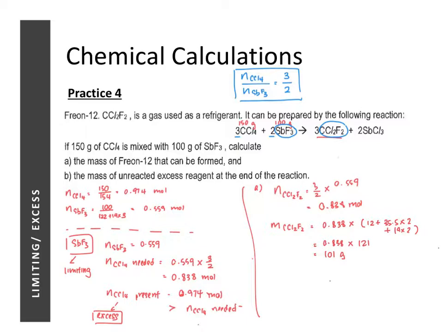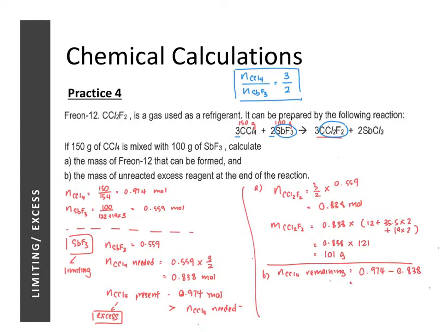Now we move on to part B. In part B, you are supposed to find the mass of the unreacted excess reagent. The excess reagent that we are looking at is carbon tetrachloride. So we need to find the number of moles of CCl4 that was in excess, that was remaining. For that we take the number of moles present minus the number of moles required.